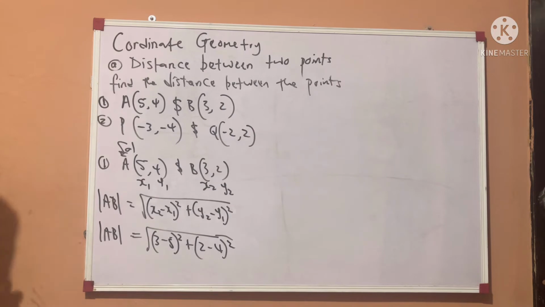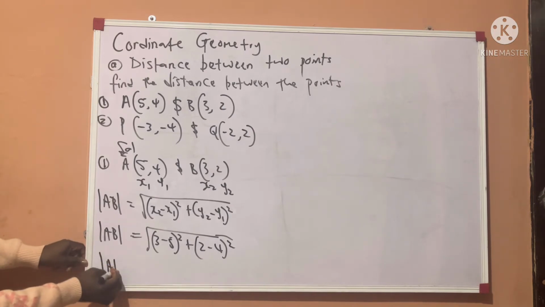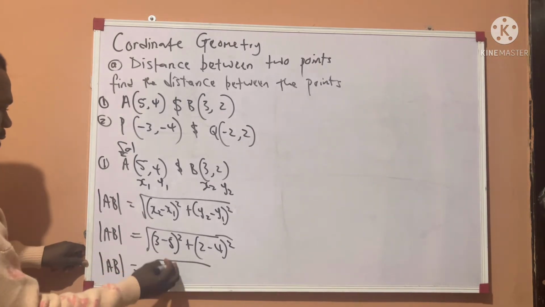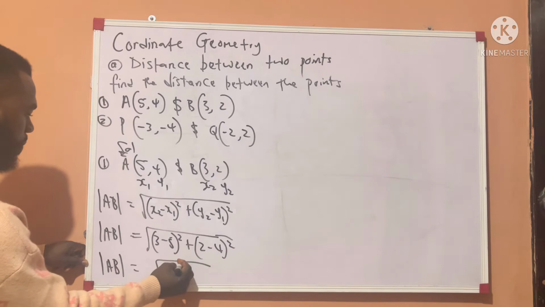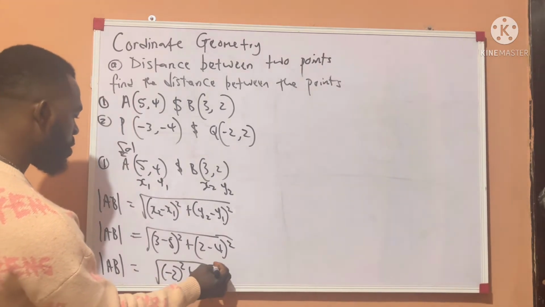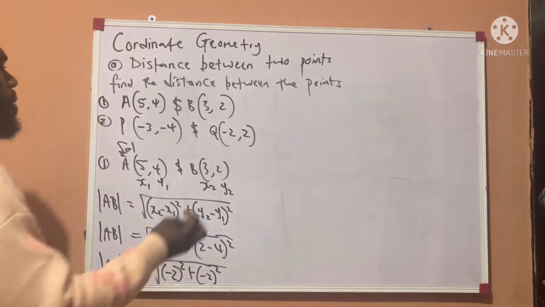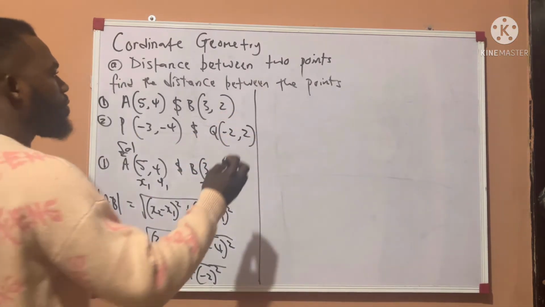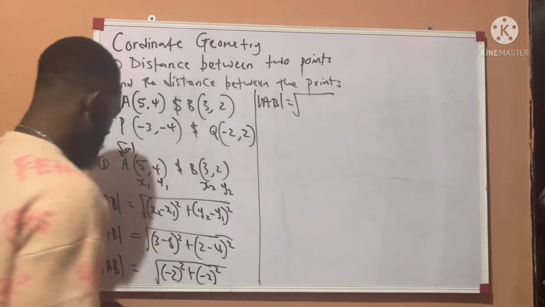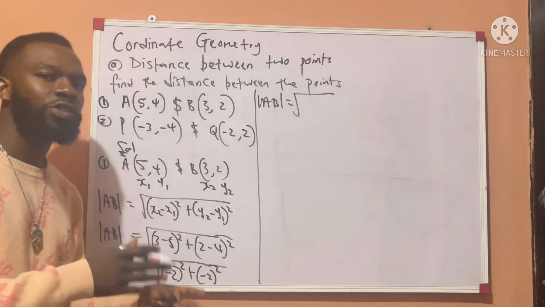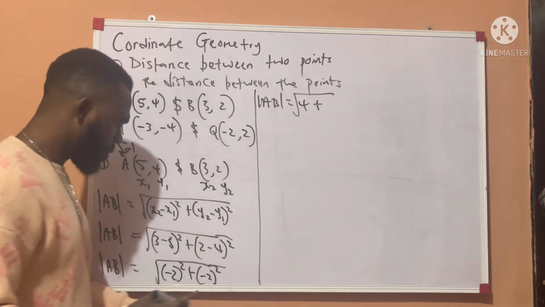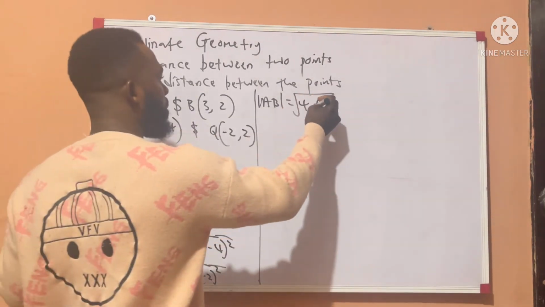So the distance between A and B becomes the square root of 3 minus 5, which gives us minus 2 raised to the power of 2, plus 2 minus 4, which gives us also minus 2 raised to the power of 2. Now let's proceed. Minus 2 raised to the power of 2 simply means minus 2 times minus 2, and that gives us a positive 4, plus minus 2 also raised to the power of 2 gives us a positive 4.